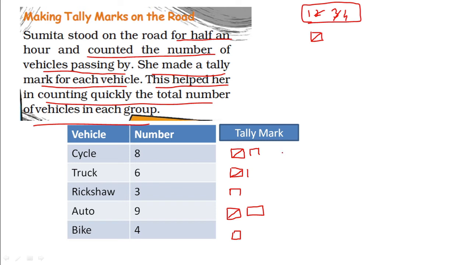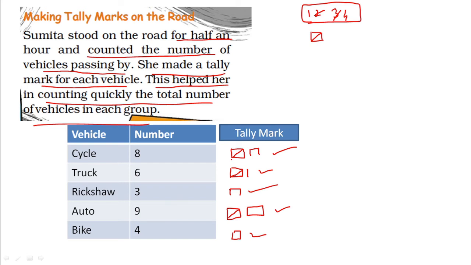So cycle 8, truck 6, rickshaw 3, auto 9, bike 4. In this way, she can count the total number of vehicles.